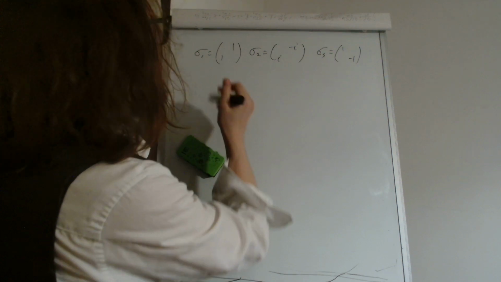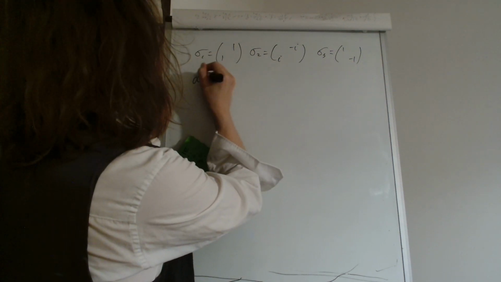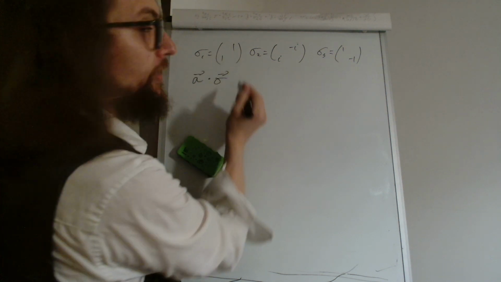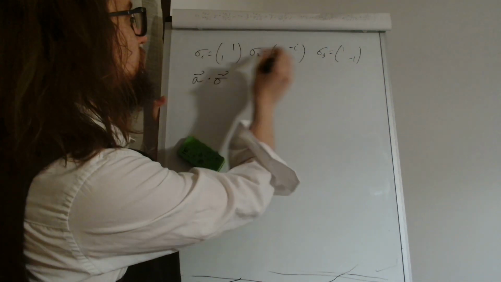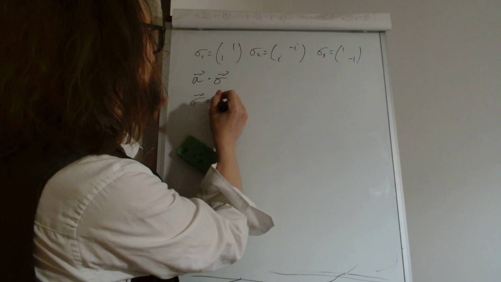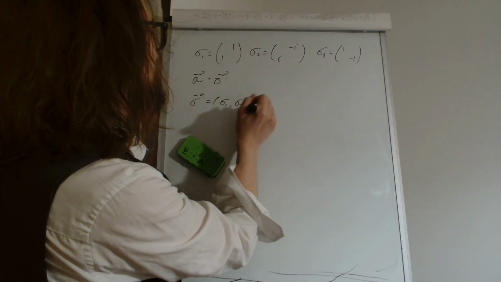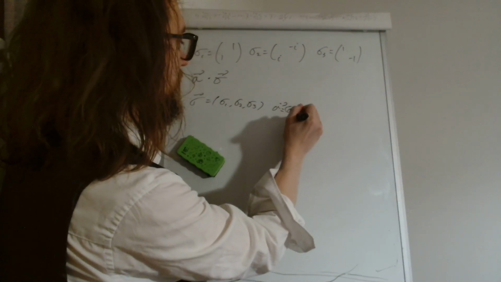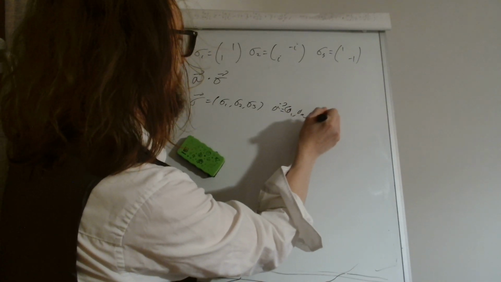This vector A, we can write a combination of these as A scalar product sigma, where sigma is a vector of matrices, so sigma equals sigma 1, sigma 2, sigma 3, and A is the vector of the coefficients A1, A2, A3.